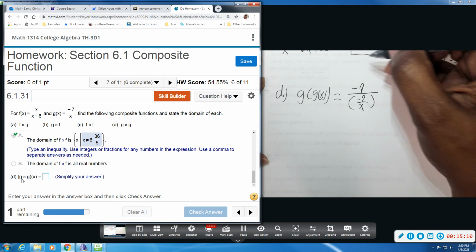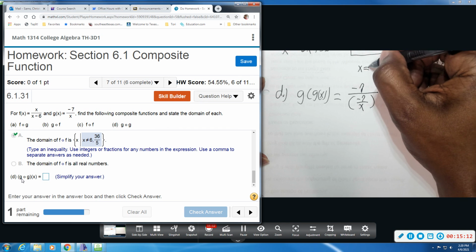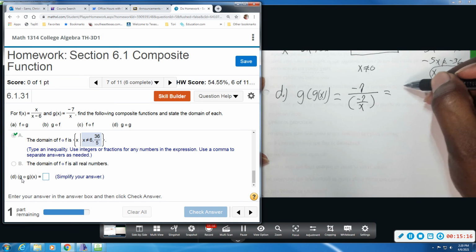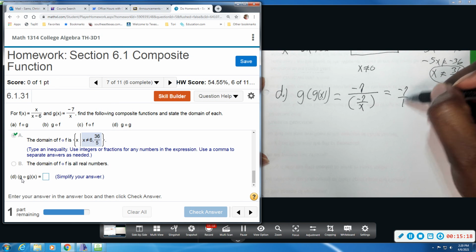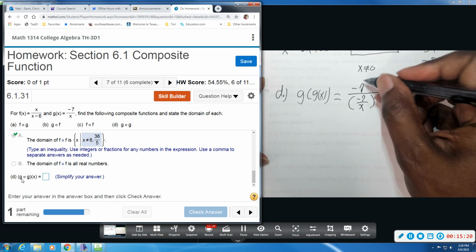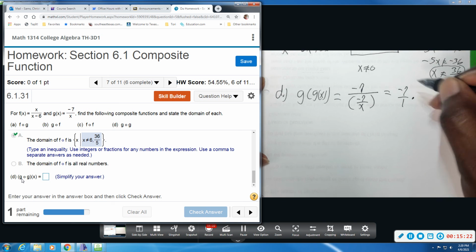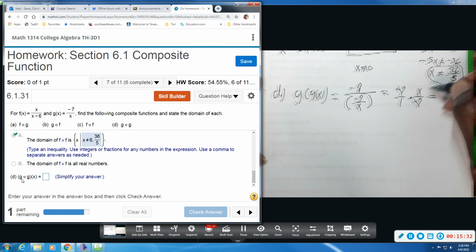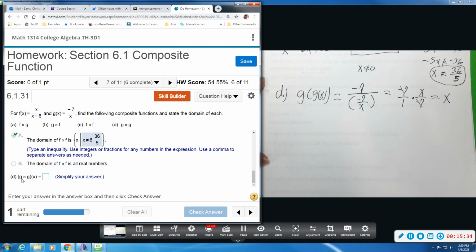Part of this expression was x cannot be 0. We can do keep, change, flip here. So we have -7 over 1, write that as a fraction. Keep the top, change division to multiplication, flip the bottom. So we get x over -7. And from here, the -7s will divide out, and we're just left with x over 1 or x.